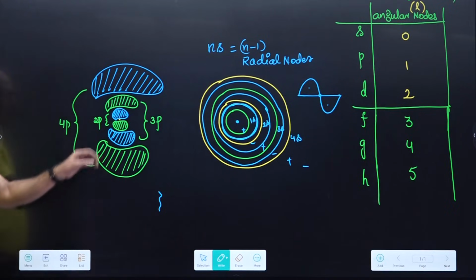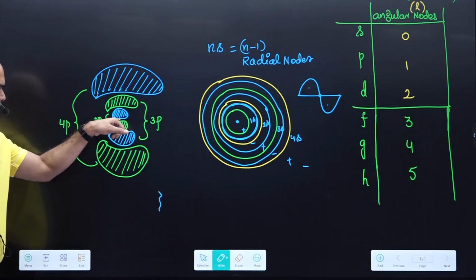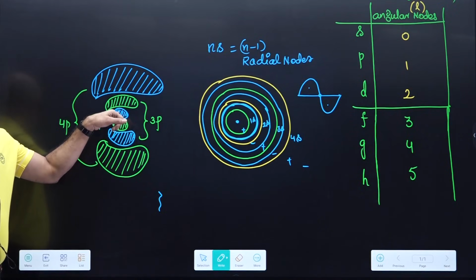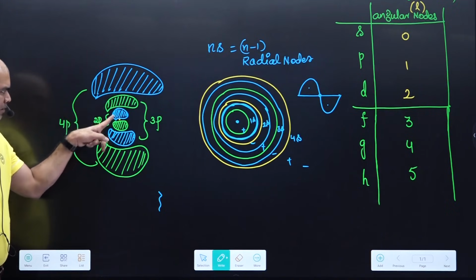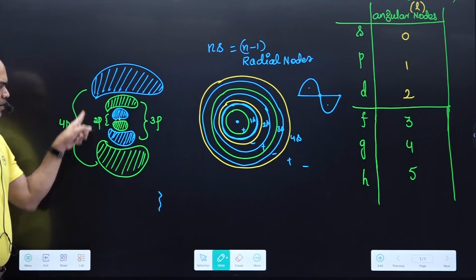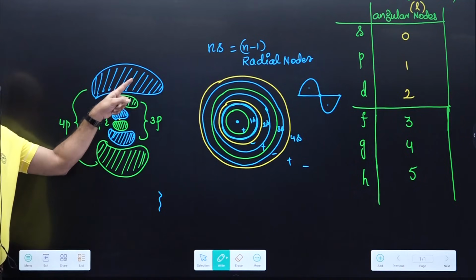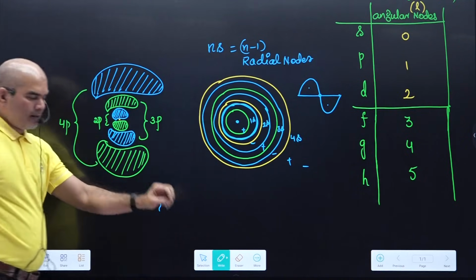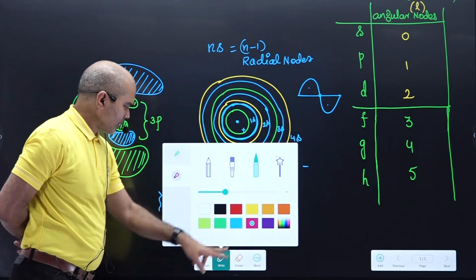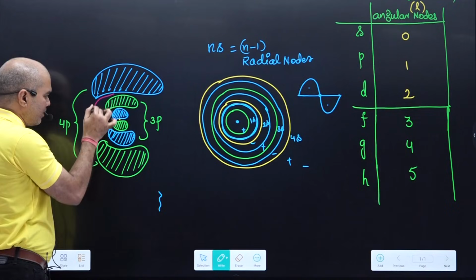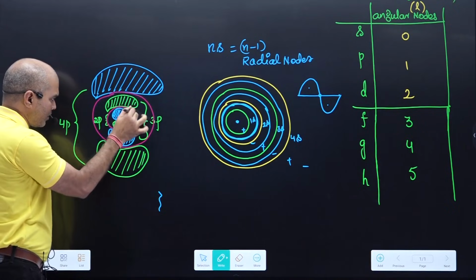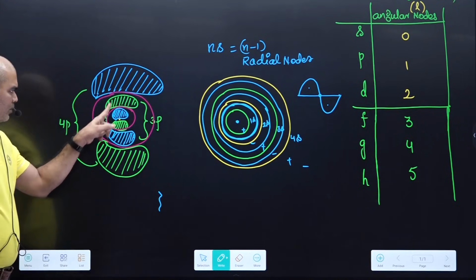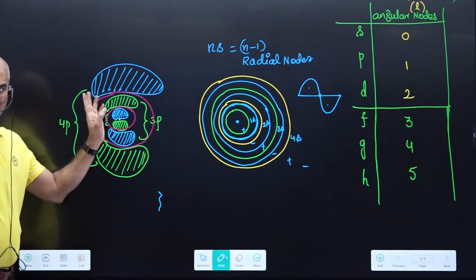Now you tell me, for 2p, how many radial nodes? No radial node for 2p, but between 2p and 3p, one radial node. Between 3p and 4p, one. But how many radial nodes for 4p? 2. So this is 1. This is 2. So for 4p, 2, for 3p 1, for 2p nil.